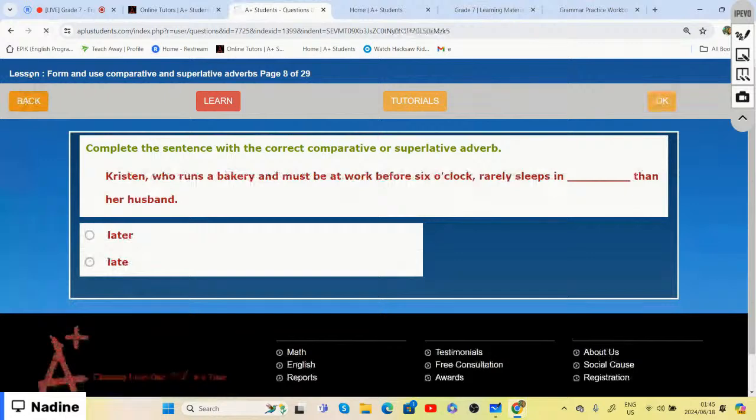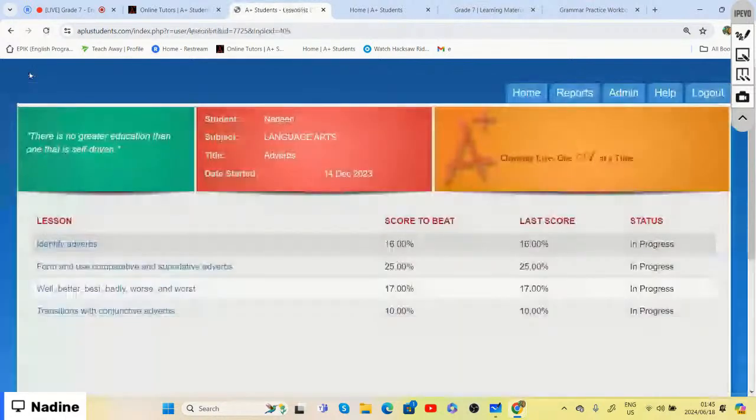All right, so that is now the end of our lesson on adverbs. We said that an adverb describes or modifies the verb, another adverb, or the adjective. And we have adverbs that tell us how, when, where, to what extent, or to what degree. And then we also have comparative and superlative adverbs. Comparative adverbs compare one person, thing, or group to another person, thing, or group.